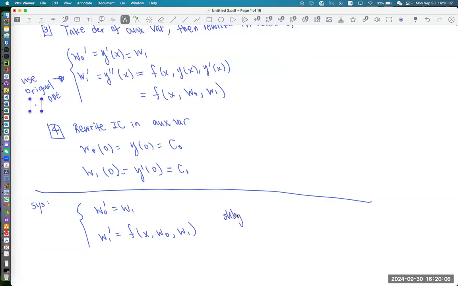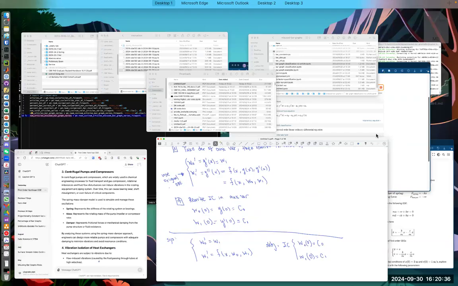Subject to initial conditions W0 of 0 is C0, and W1 of 0 is C1. So here you can see that after the transformation, we don't see y here. We only see W, the auxiliary variable. So we have completely rewritten the original dependent variable in terms of the auxiliary variable. Okay, any questions?